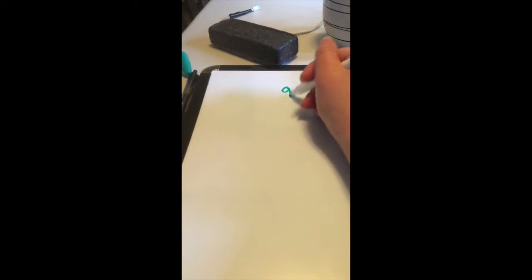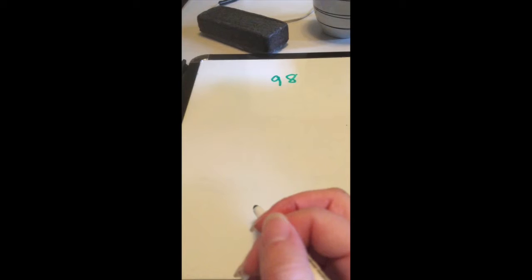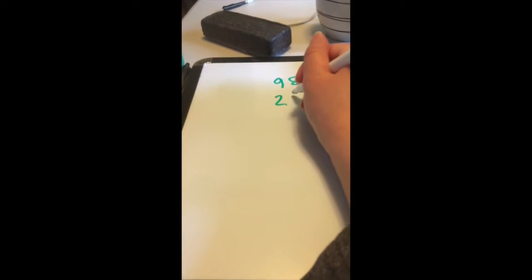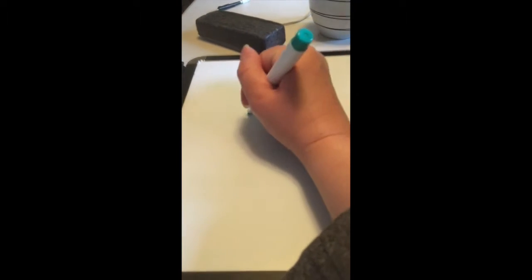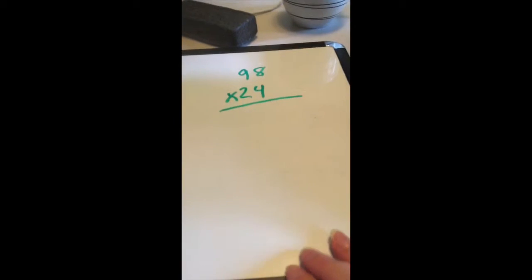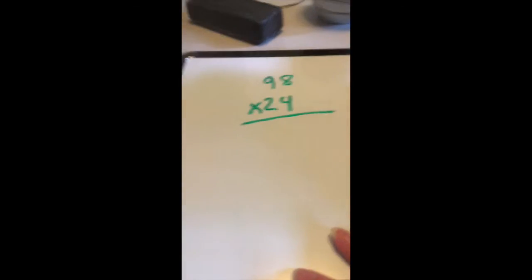So it's not a new technique and it's not unknown. It's just now we're going to incorporate it into our multiplication. So we're going to do, let's say, 98 times 24. Those sound like good ones. Give us some good things that we have to carry.